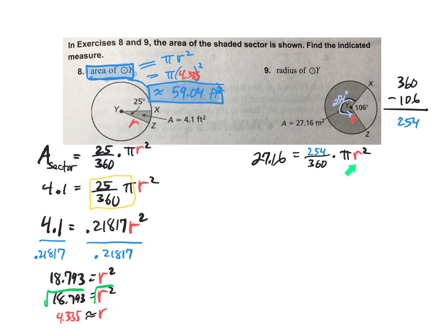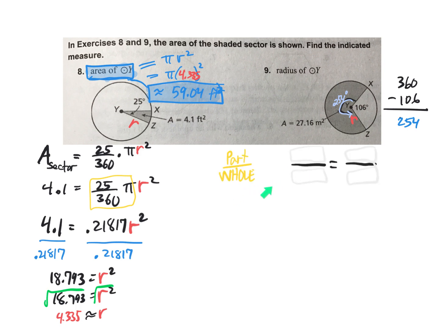Now we just need to solve for r. Now solving for r here is going to be exactly like solving for r here. So I'm not going to go through that process because the process is exactly the same here, but I'm going to take a look at this problem from a slightly different perspective.